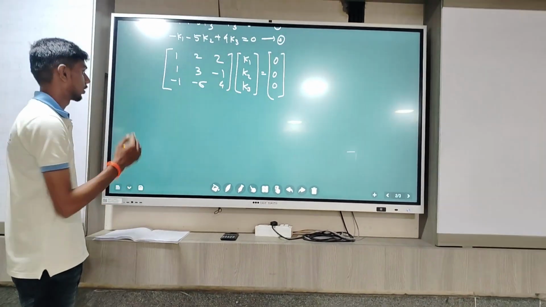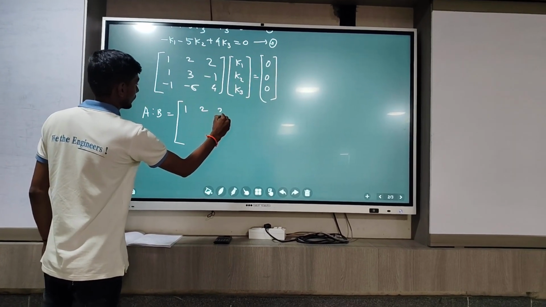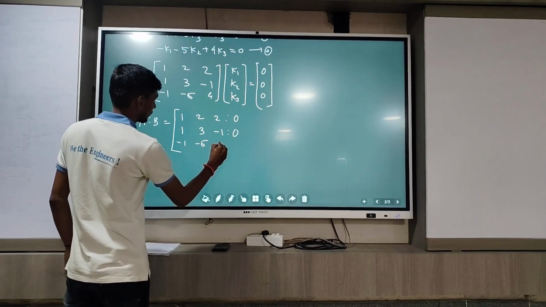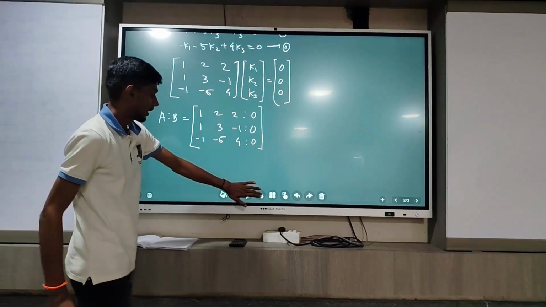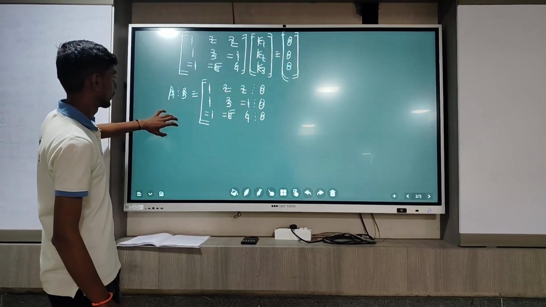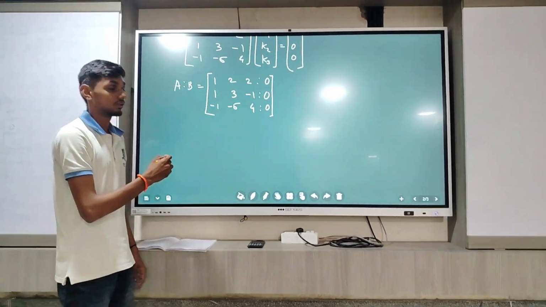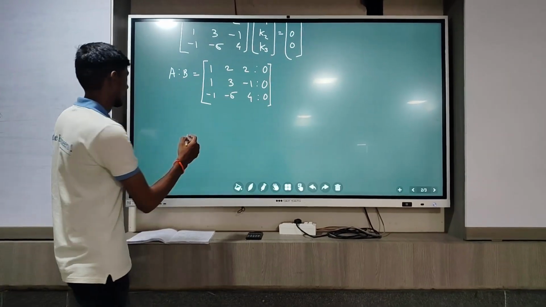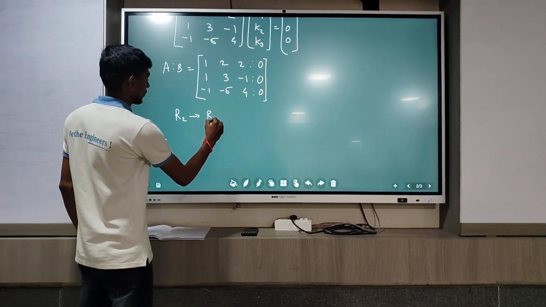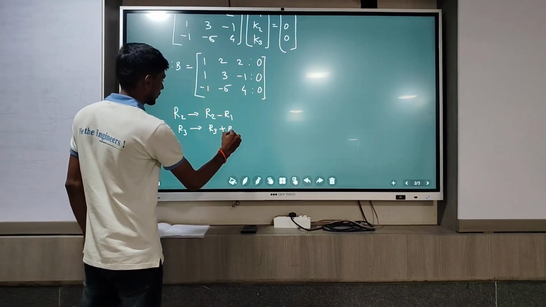Now we consider an augmented matrix. We have to find the rank of this matrix by using row operations. For R2, R2 minus R1, and for R3, R3 plus R1.